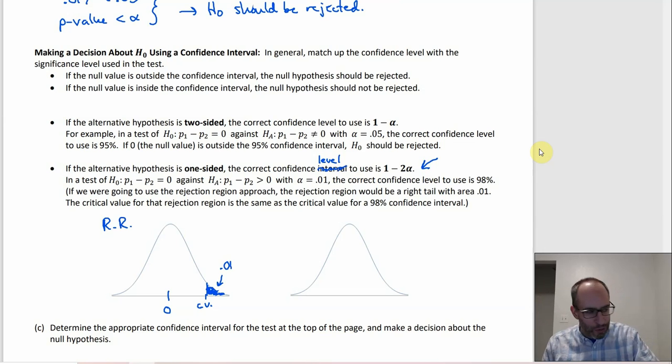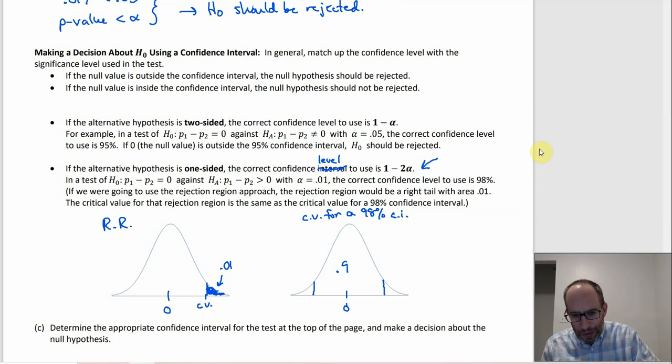So then if you were going to get a critical value for a 98% confidence interval, the tail size actually matches, because you'd still have the 0 in the middle, and you'd want a 0.98 in the middle for 98% confidence.